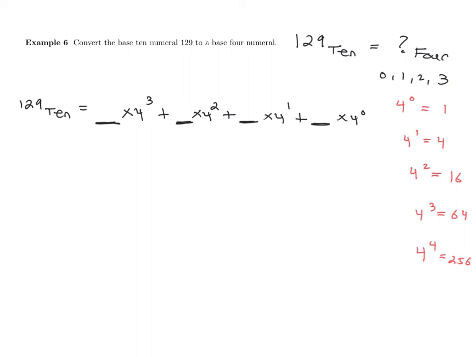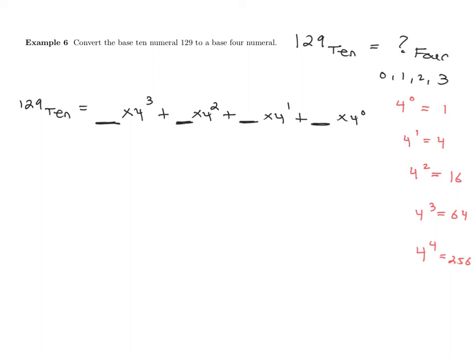So the question is, how close can you get to 129 by using this largest place value? Well, the biggest digit that you can put here is a 3. Either 3 times 4 to the power of 3 is going to be bigger than 129 or it's going to be smaller than it. And I'm just going to check this on my calculator because it'll take a while to multiply this by hand.